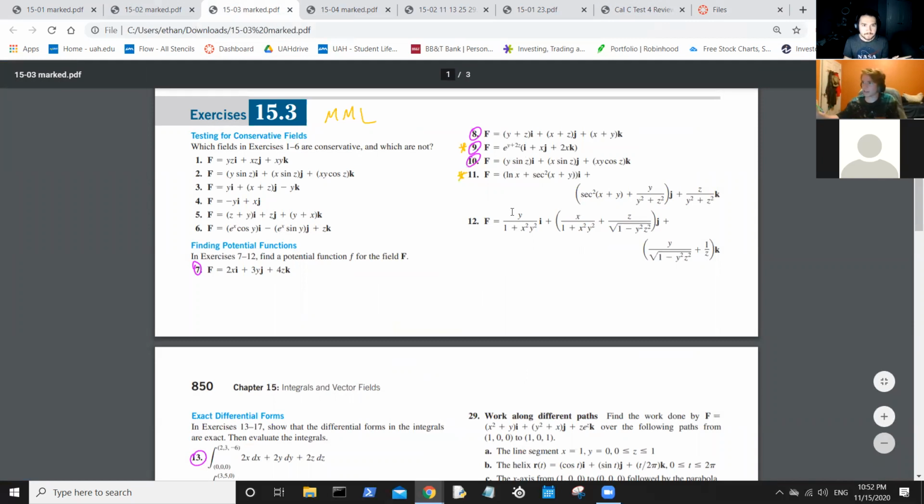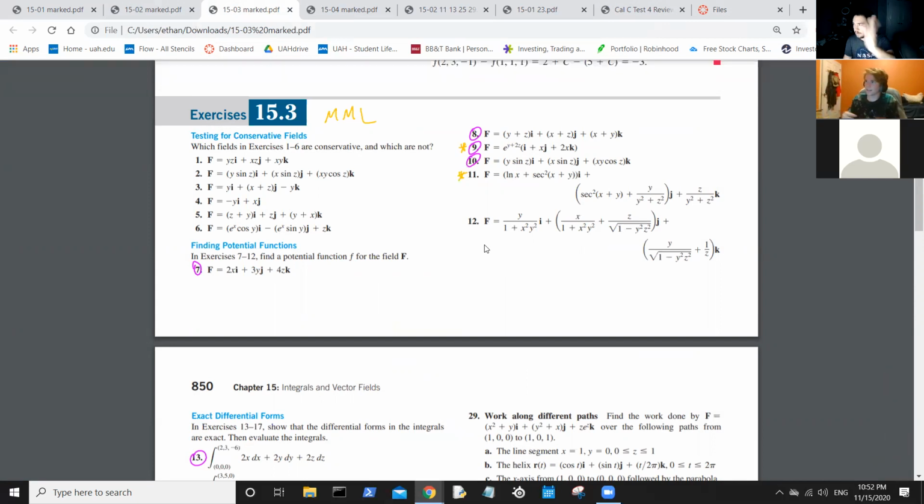You just integrate it, right? Yeah, so it's one of those things where you do the partial: partial x for i, partial y for j, partial z for k. So you go across this thing, and you obviously distribute to start. So for your i, you just add an x.